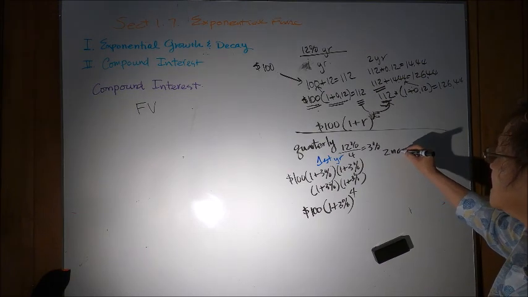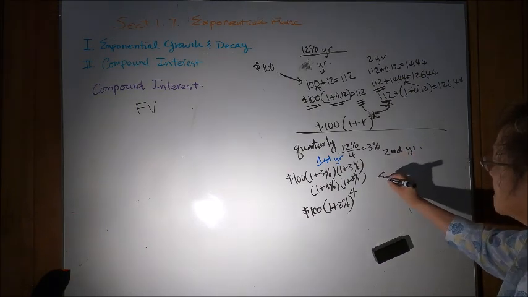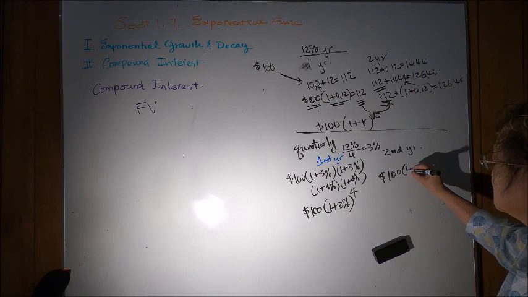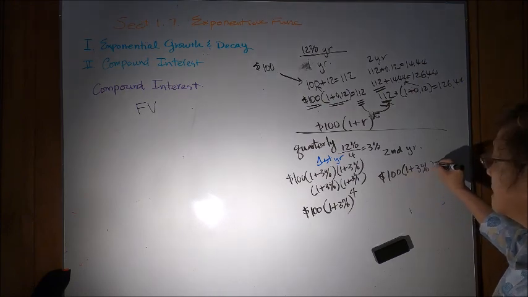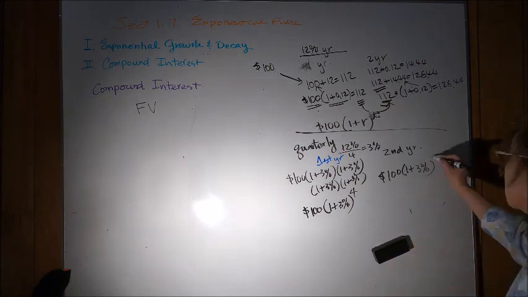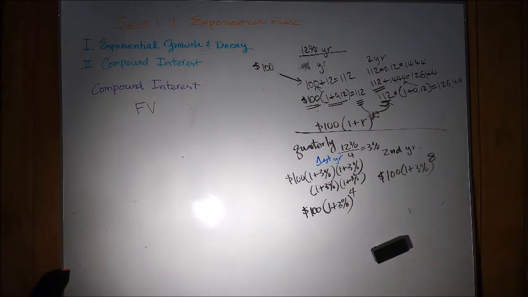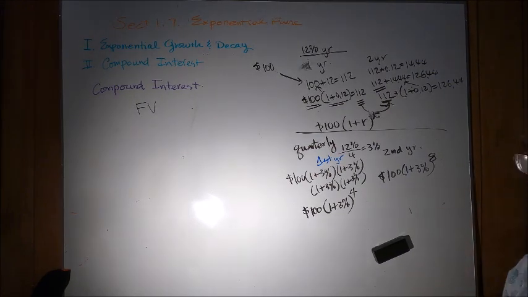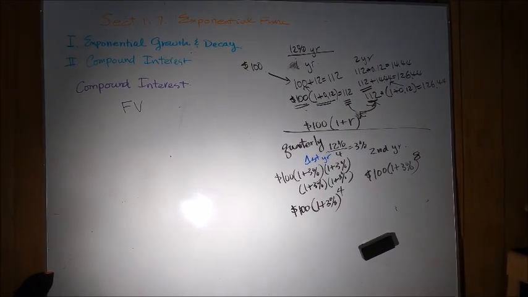Then for the second year, how would we do? So it will be what? 100 times 1 times 3%. How many times do you actually compound? 2 years. Each year is 4 times. So that would be 8 times. So and so on. Third year will be 12 times.